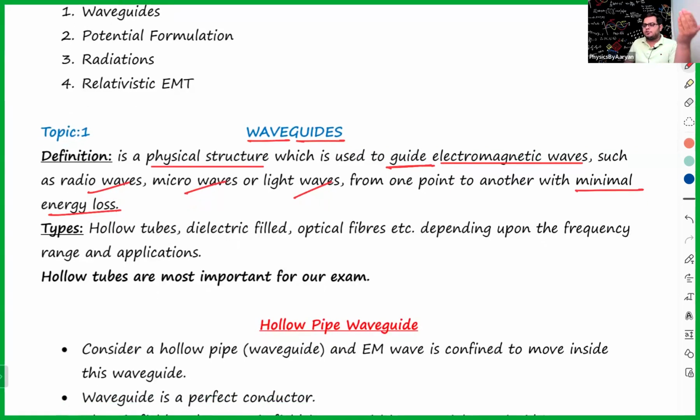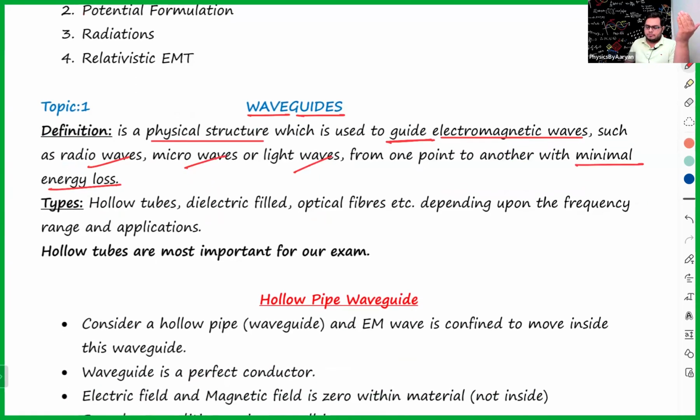There are different types of waveguides. For example, hollow tubes, simply pipe. Hollow tubes can also become a waveguide. So the simplest waveguide is a hollow pipe. A hollow pipe is basically just a metallic pipe. That's all, and that's a waveguide. Another is dielectric filled, which means the pipe is not empty, but some insulating material is filled in it.